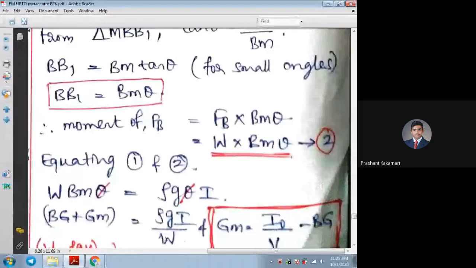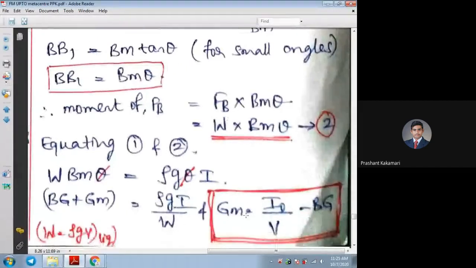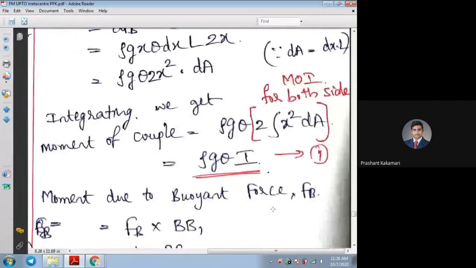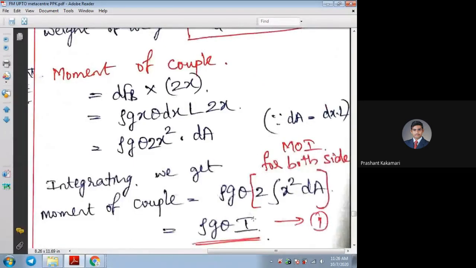So I can write it as GM equal to moment of inertia I. Which moment of inertia? See here, be very careful. Moment of inertia of the given surface, or the top area. Top area moment of inertia, that you have to consider, not the front area.